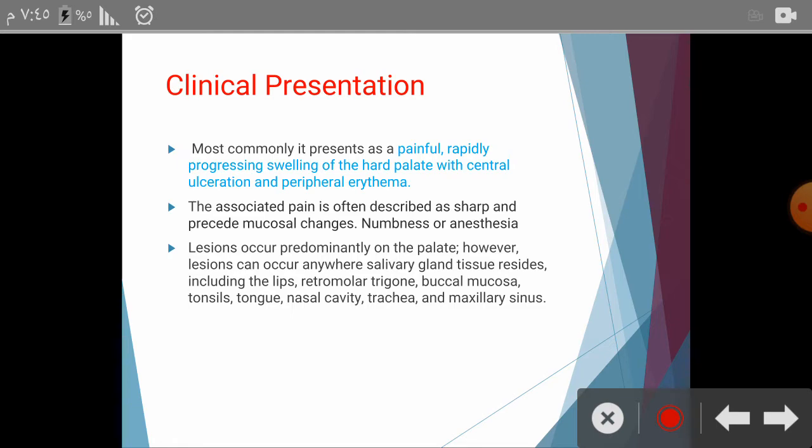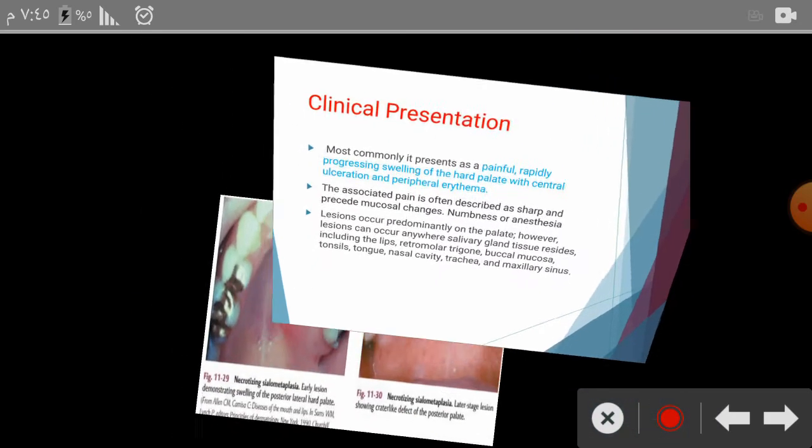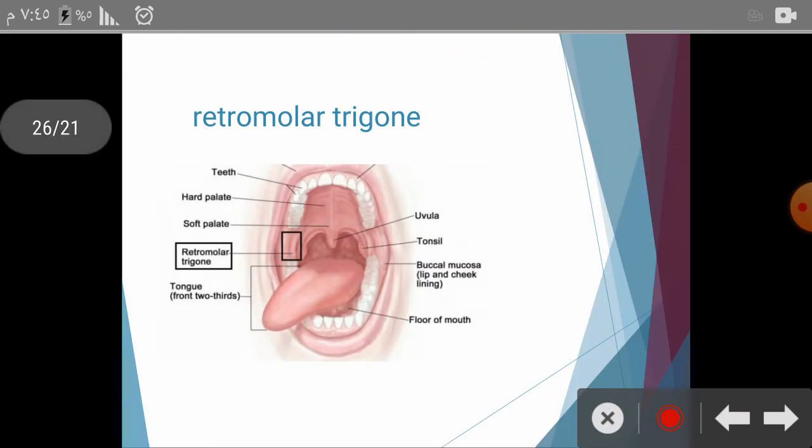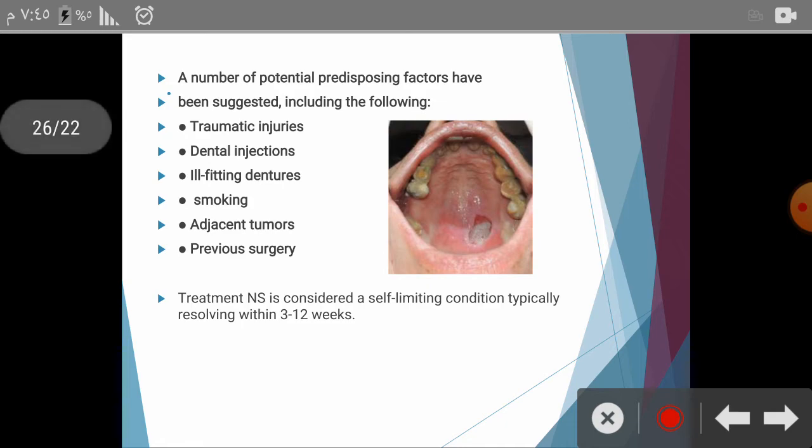The lesion occurs predominantly in the palate, and it can occur in the lip, the retromolar area, buccal mucosa, tonsils, tongue, nasal cavity, trachea, and the maxillary sinus. Here we have the necrotizing sialometaplasia in the early stage, and here we have it in the latest stage.